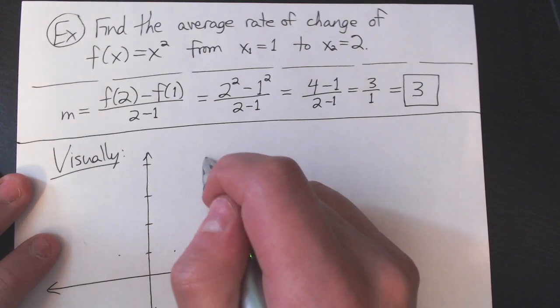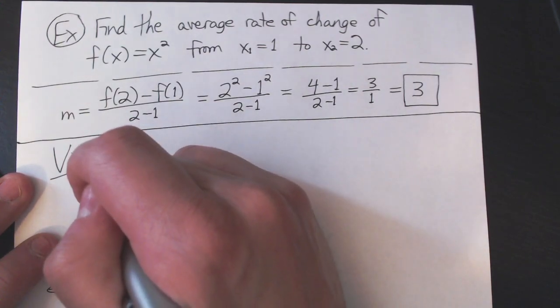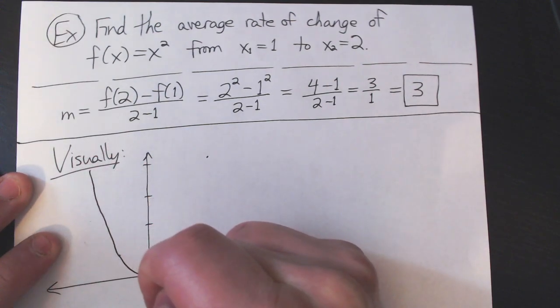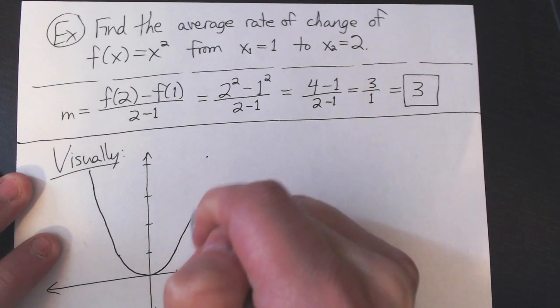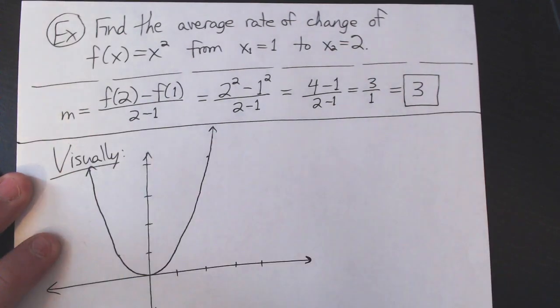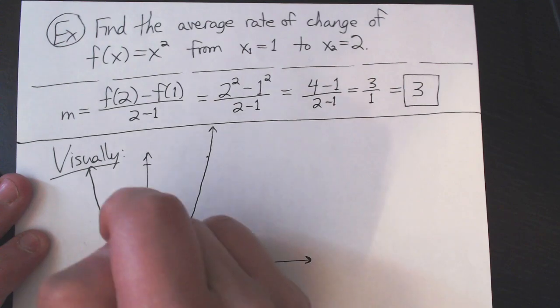I'm kind of focusing on quadrant 1 because I think that's where this is really taking place. Okay. Here's 1, 2, 3, 4. Okay, that's good enough.